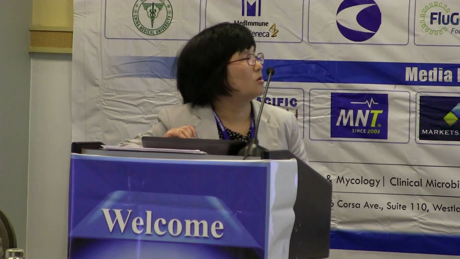Okay, I will switch to the H3N2 story. The H3N2 influenza virus is also very hard to grow in both eggs and MDCK cells. It grows very poorly, and it is also the most frequently drifted subtype.